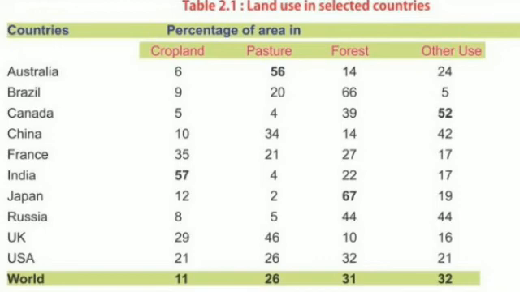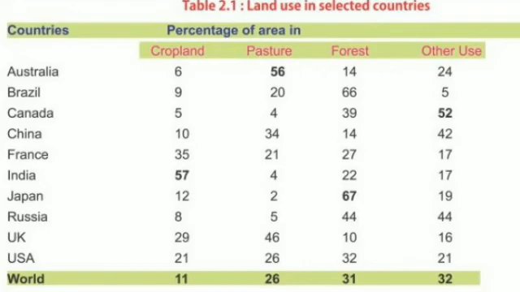You are looking at a table in which some countries are given in a series, and on the other side is given the percentage of area in cropland, pasture land, forest and other use of the land. First, we will see Australia.